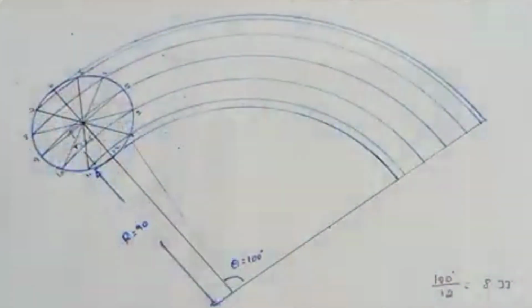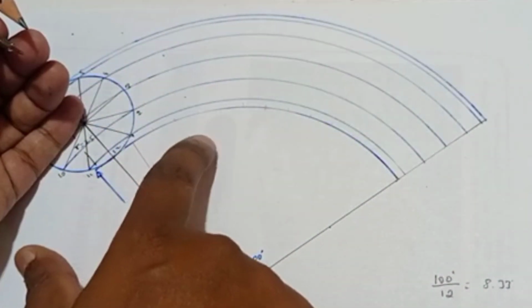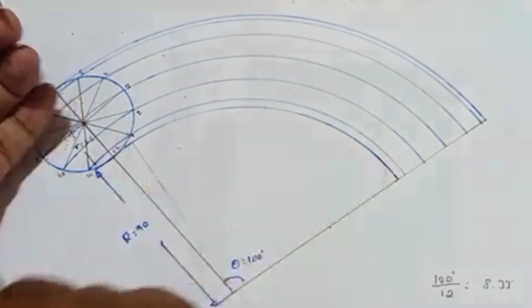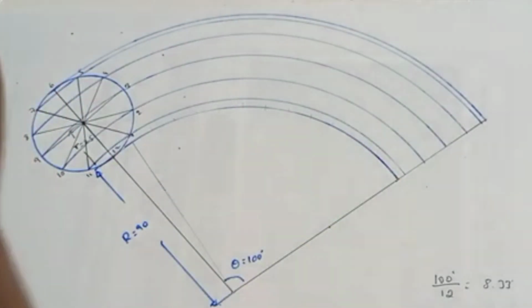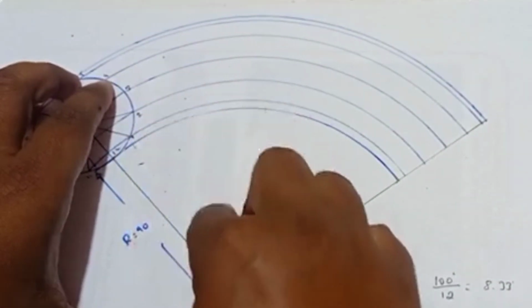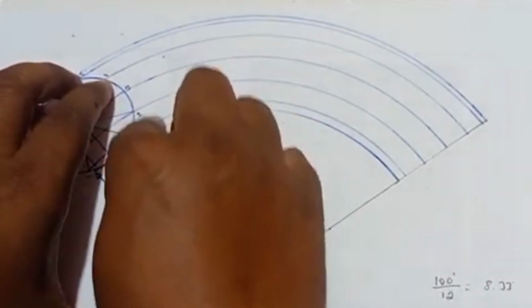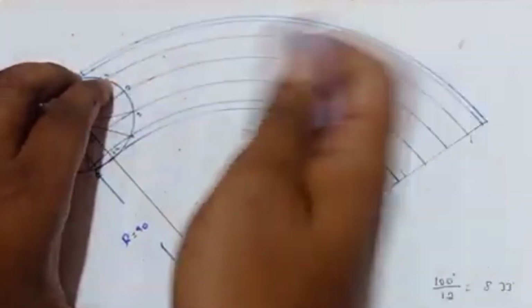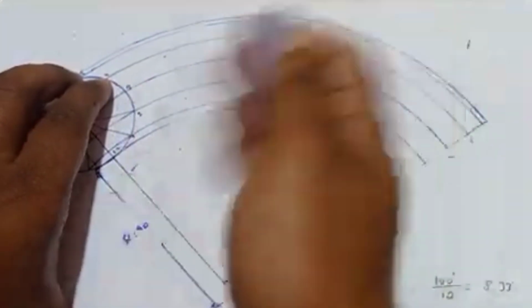I think it's not possible. So I have to take a little more than that. This method we call the trial and error method. So I'll take a little more than that.